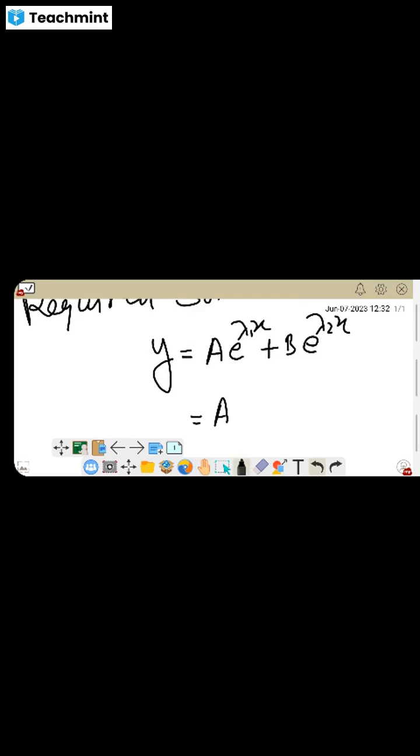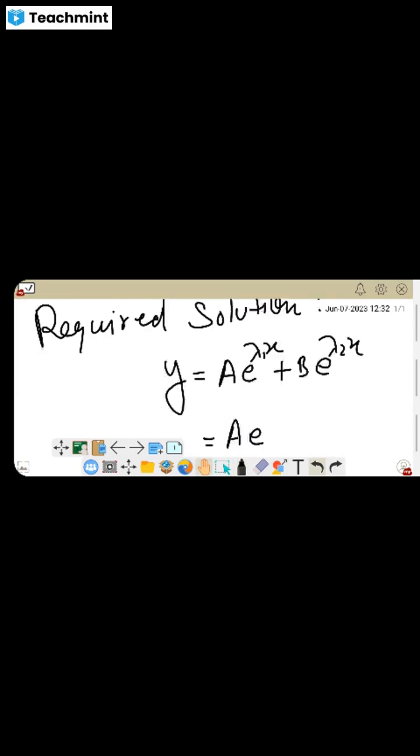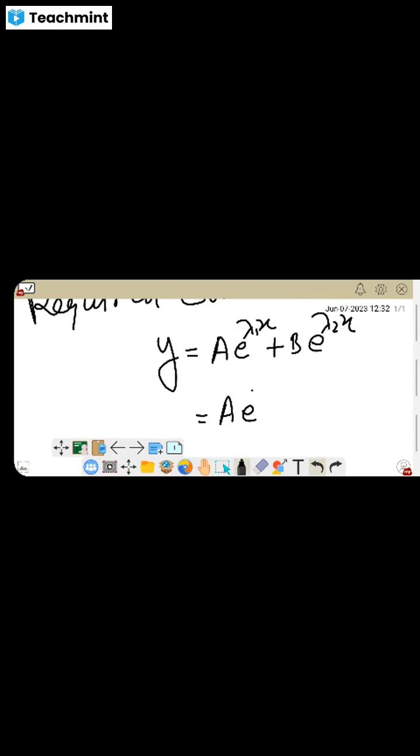So put the value: lambda 1 is 1. As we don't take 1 as a coefficient of any variable, we can write this as a e to the power x plus b into e to the power 5x. Got it? Yes, ma'am.